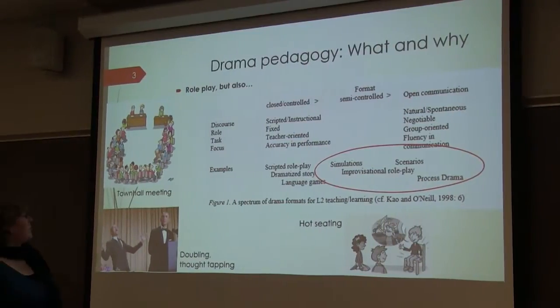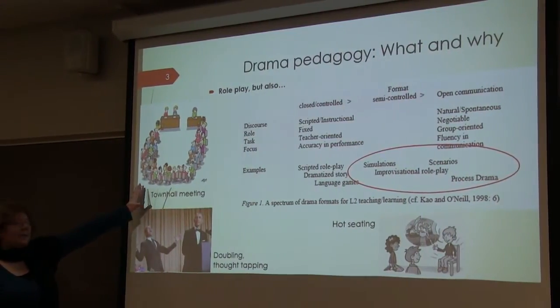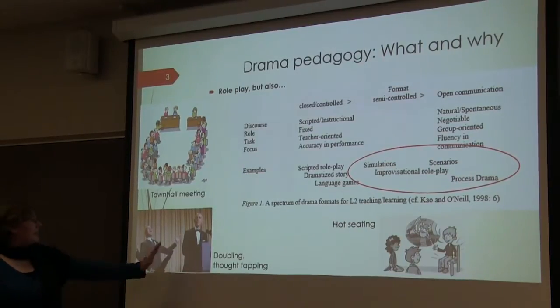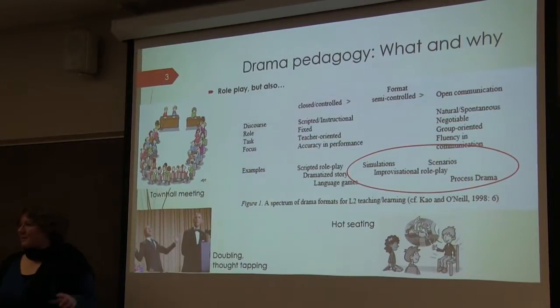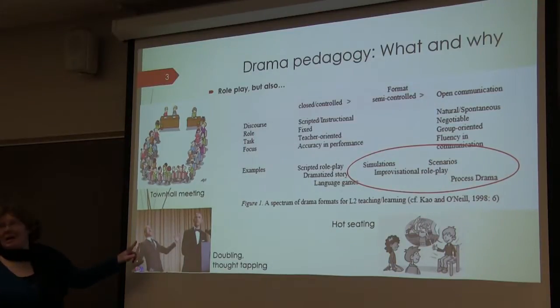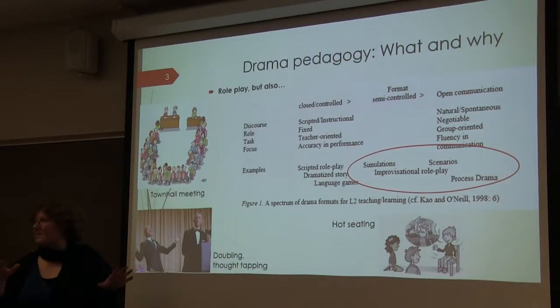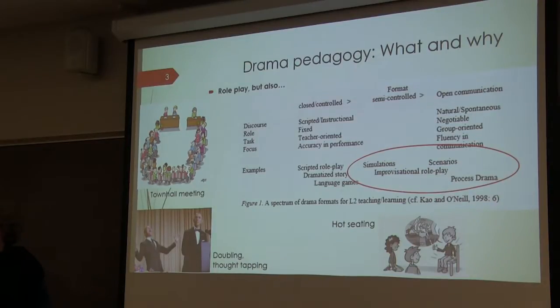So it's not only role play, but in my class, things happened also like a town hall meeting, something like doubling. So one person is standing there acting out a figure but not saying anything, and the person behind is saying what they're actually thinking. Okay, so that's a nice strategy because then one person only has to do the acting and then somebody can volunteer and say, okay, this person is thinking that.